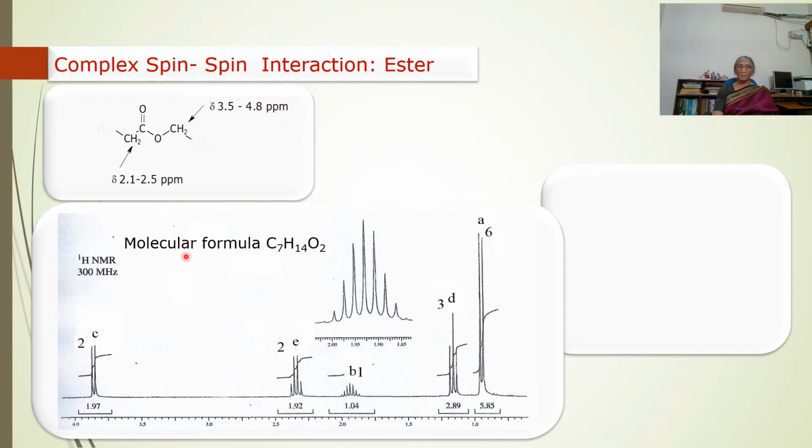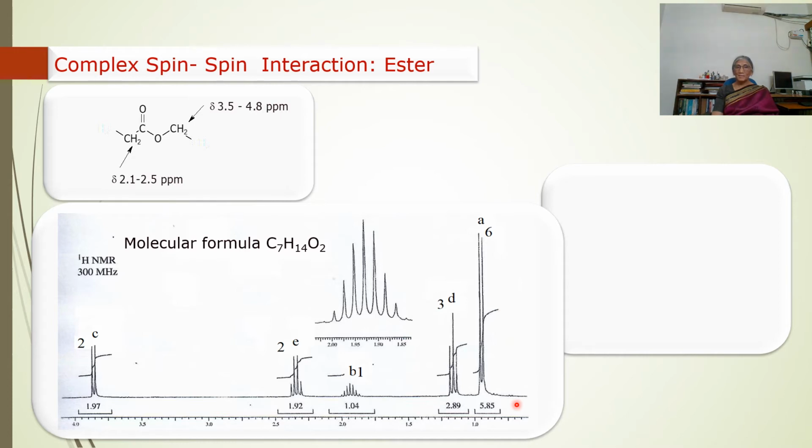So this is the NMR spectrum for which the molecular formula is C7H14O2. This molecular formula represents 3 isomeric esters, and we have to establish the structure of the ester on the basis of this NMR spectrum. In the spectrum, you can see integral values which are given below the signals, and we can calculate the number of protons giving a particular signal.